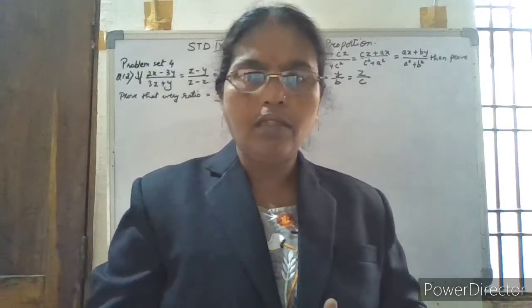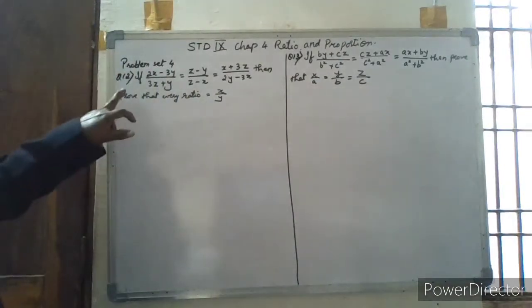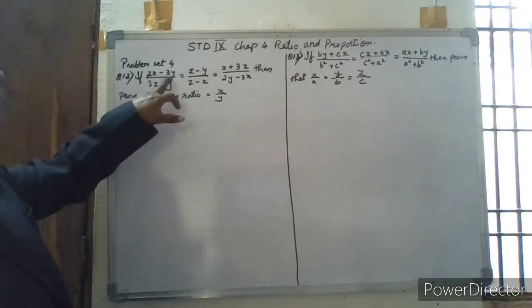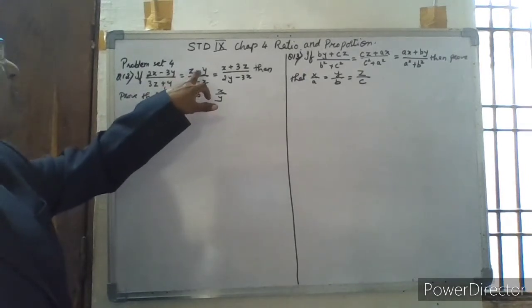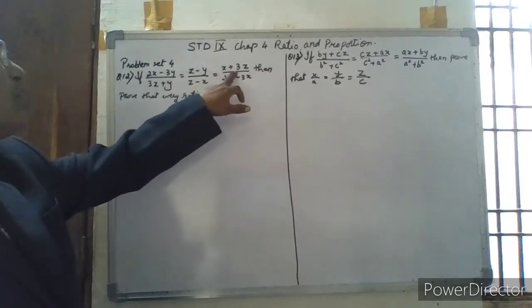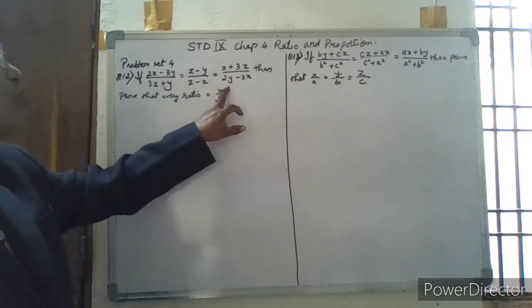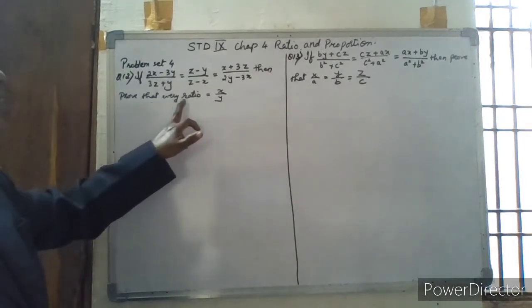Now let us solve the next question. That is question number 12. If (2x - 3y)/(3z + y) is equal to (z - y)/(z - x) is equal to (x + 3z)/(2y - 3x), then we have to prove that each ratio is equal to x by y.